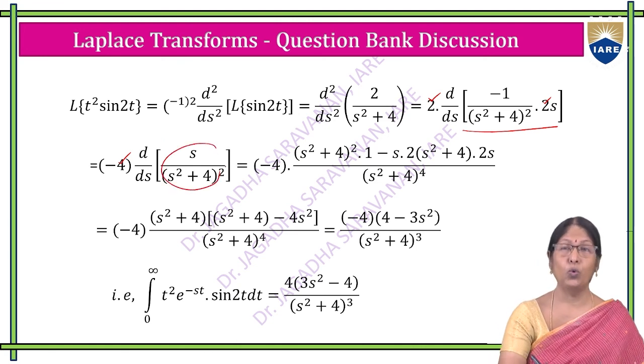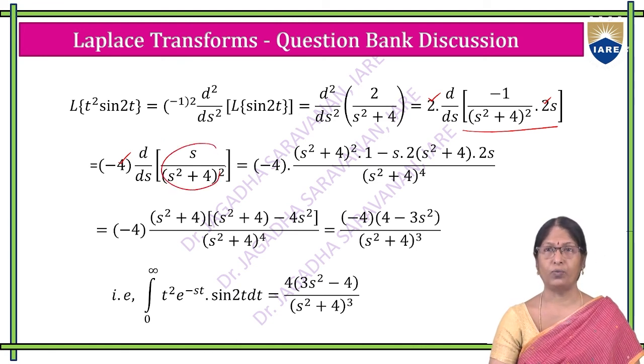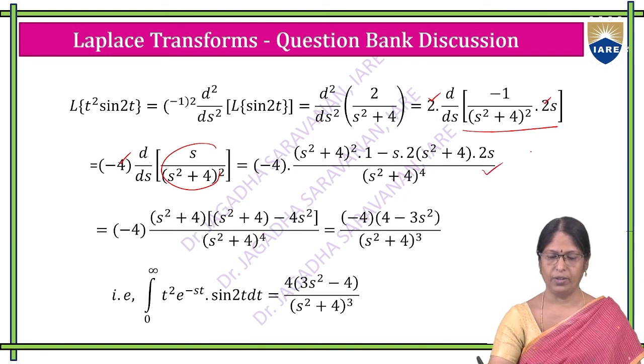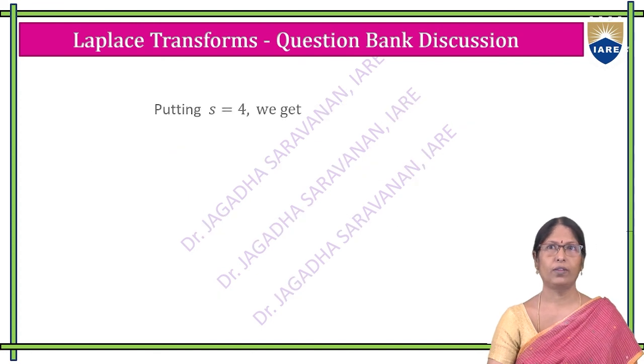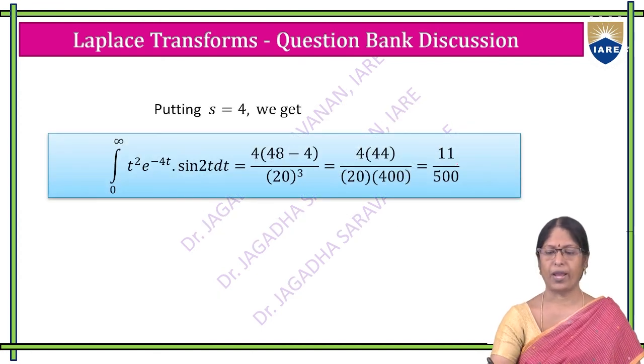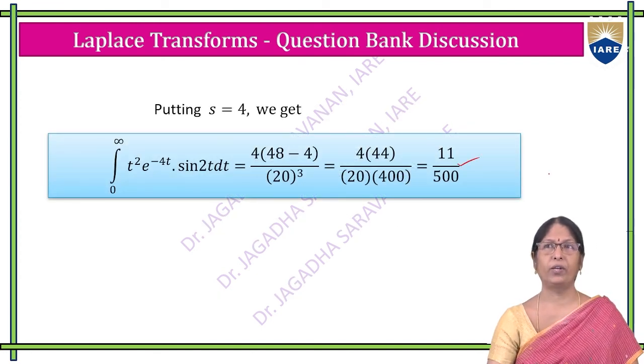Again u by v, that we applied here. Then we obtained this result. So here, very, very important steps are explained, and we obtained the final result, 11 by 500.